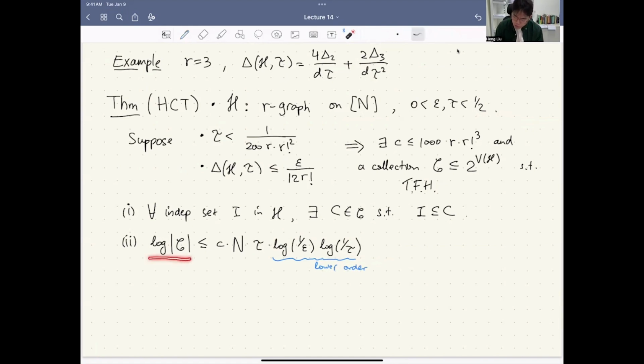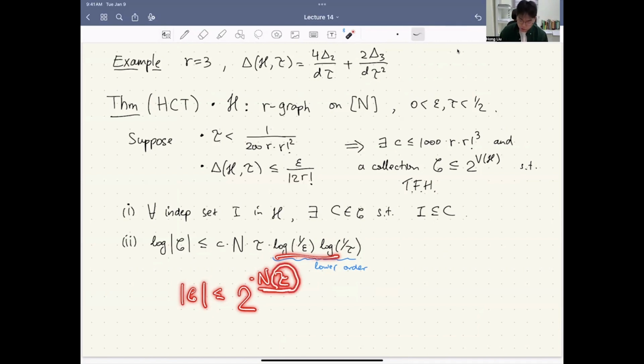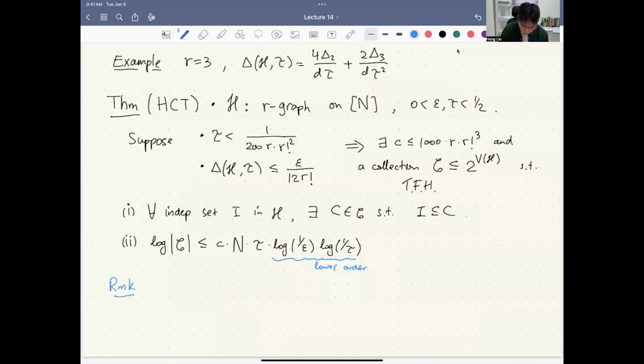We want the number of containers to be small. So the number of containers is at most 2 to the, roughly, up to log factors, n times tau. To have fewer containers, to get better union bounds, for example, we want tau to be as small as possible.